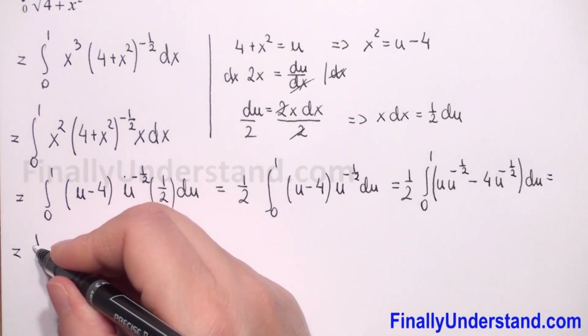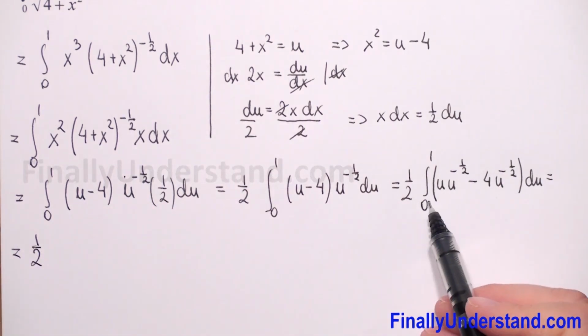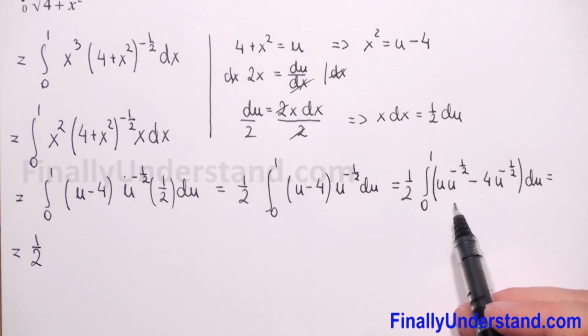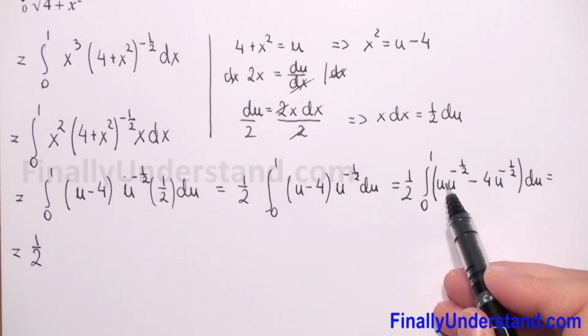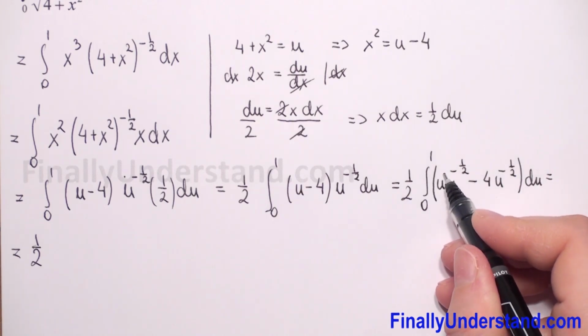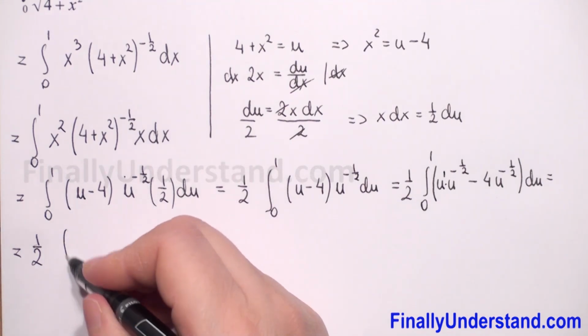So this is equal, we have to copy 1 over 2, and we have the integral of a difference, so this is equal to the difference of integrals. And what else? We can do multiplication here. Because we have the same base, we can add exponents. Here we have an invisible 1, so we can rewrite this integral one more time.